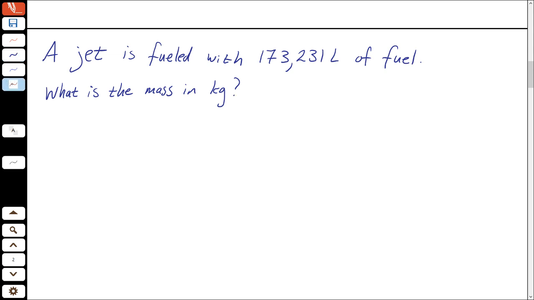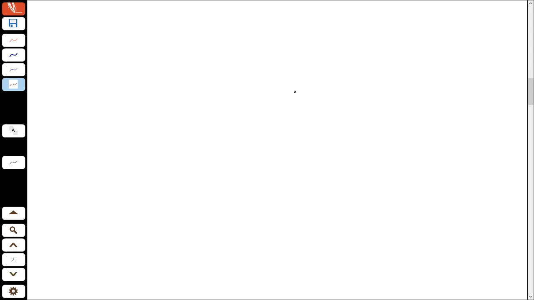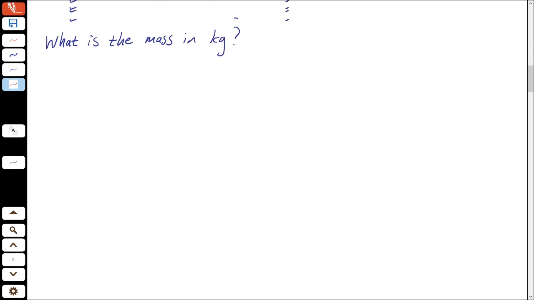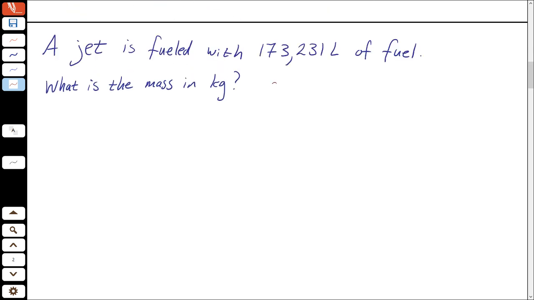Now you need a little bit more information to figure this out. One is the density of the fuel, which is 0.768 grams per cubic centimeter. And actually for this one, I think that's all we need.